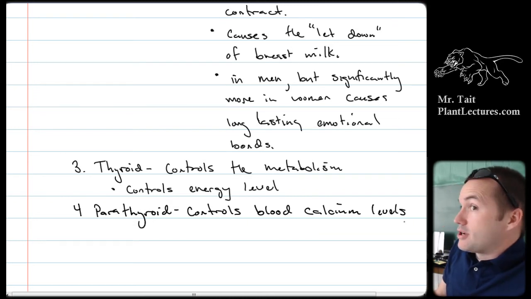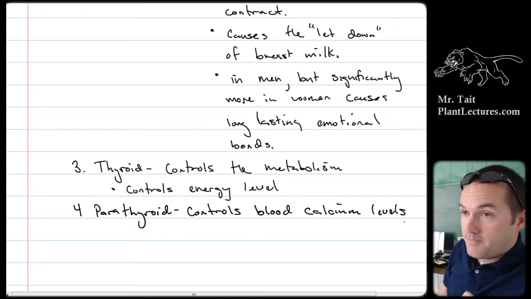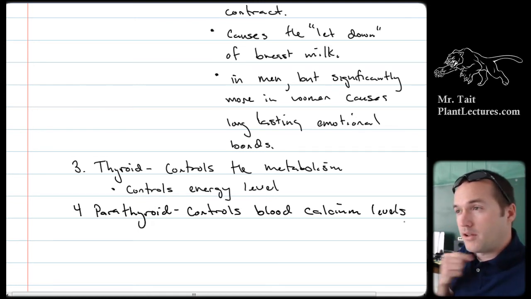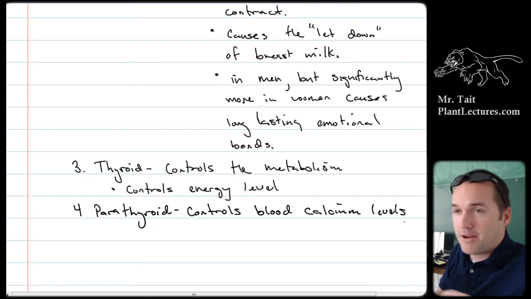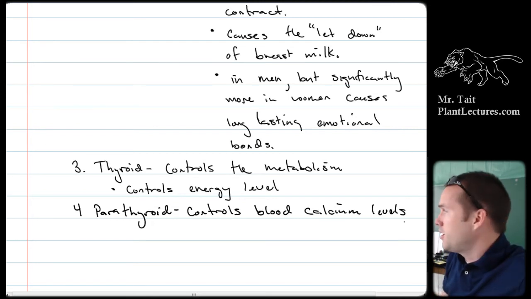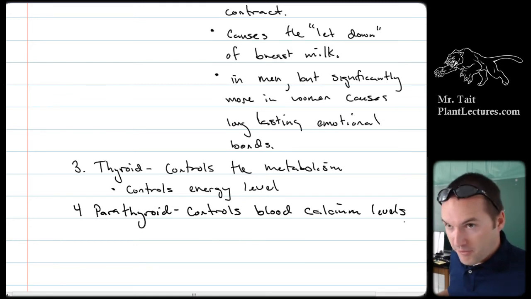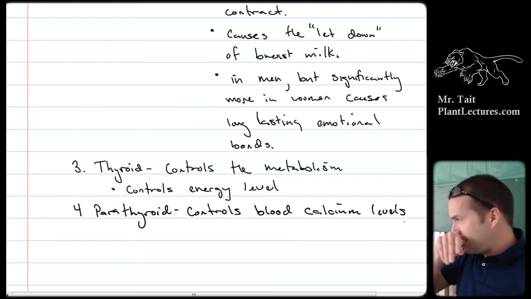So there's also this thing called parathyroidism, which can be caused by a lot of different things. Sometimes you can get a cyst on your parathyroid. Sometimes you can get a little tumor on your parathyroid, and it causes your parathyroid to release way too much of its hormone that is going to raise blood calcium levels. And so your body then starts absorbing all this calcium from your food that would normally be excreted.